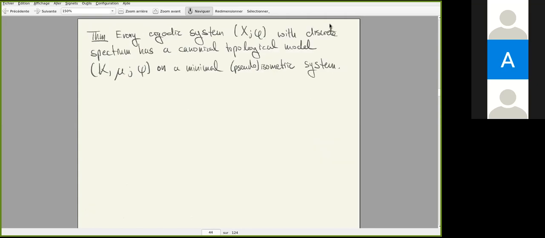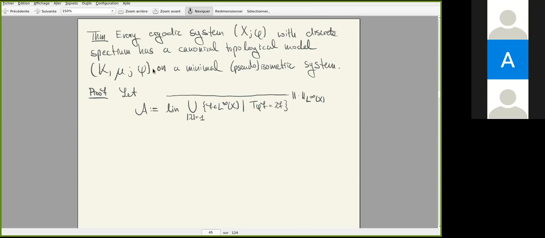And we revisit this theorem, which, as Jonathan said, is well known. Every ergodic system with discrete spectrum has a canonical topological model on a minimal pseudo-isometric system. And one can actually show that they are rotations, but I'm not going to need this here. The proof is relatively simple. We want to find a topological model, so we need to write down some C star subalgebra.